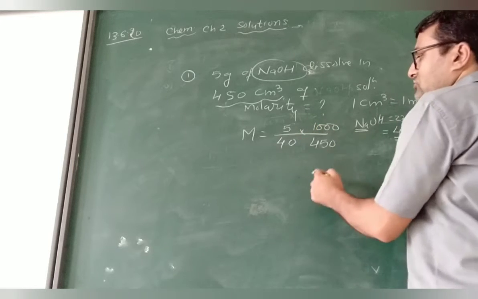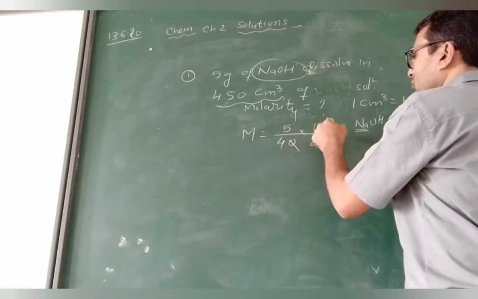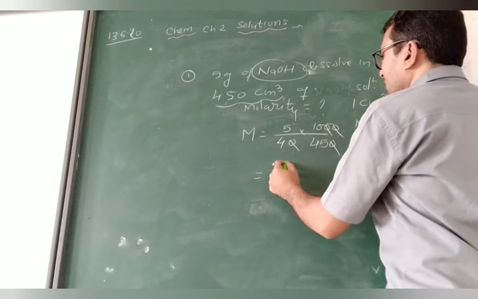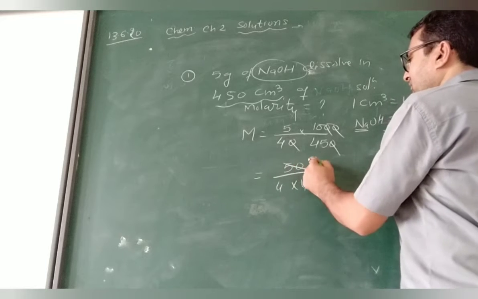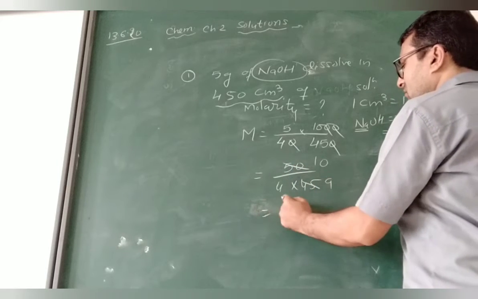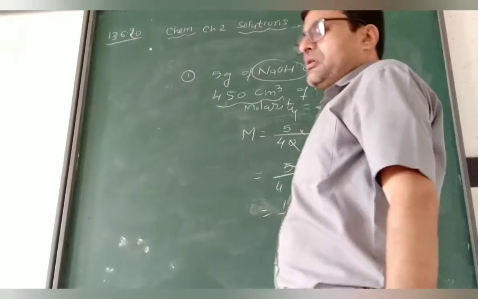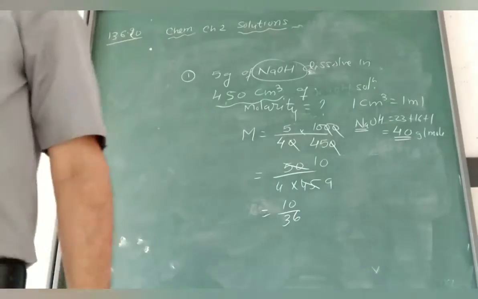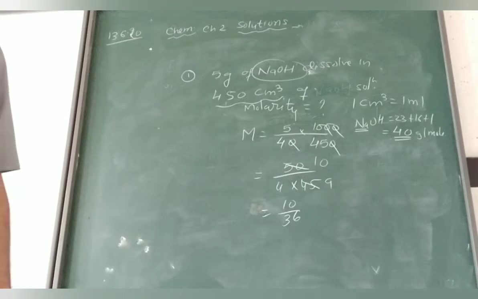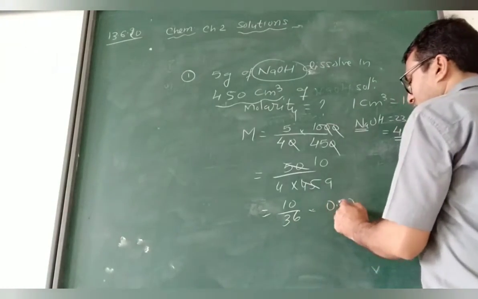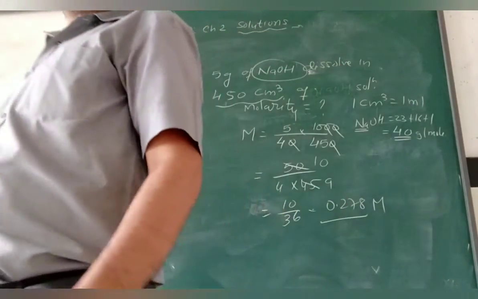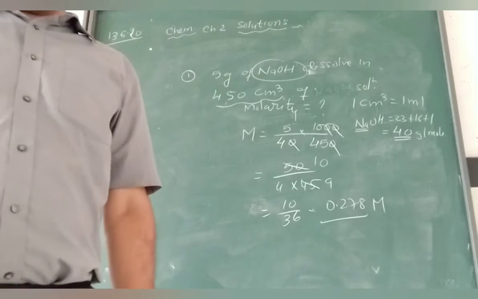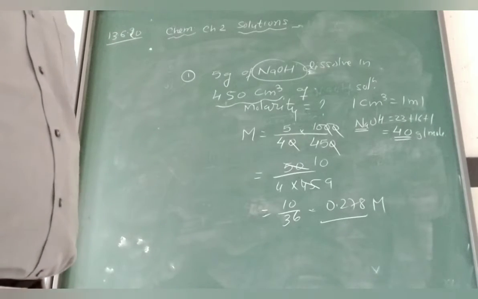So this will be 50 divided by 4 into 45, that is 10 divided by 36. It comes to be 0.278 M. So that becomes molarity. So in this way we can calculate the molarity.